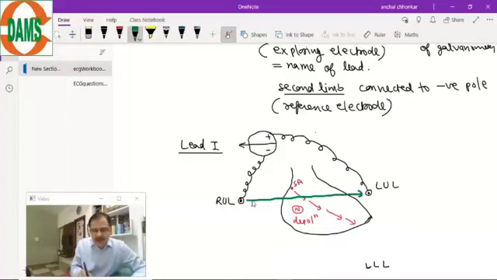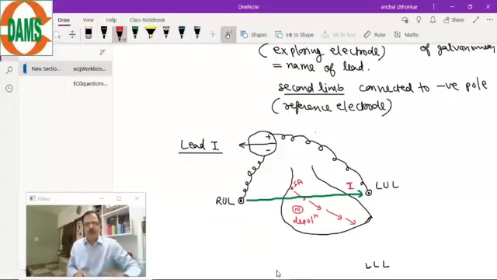It represents that the tail is towards the reference electrode and the arrowhead is towards the exploring electrode. And the name of lead 1 will be put on the left upper limb. Wherever the exploring electrode is, we call that the name of the lead. So this is the location of the imaginary line, the vector line of lead 1. Tail is towards the reference electrode, and arrowhead is towards the exploring electrode.